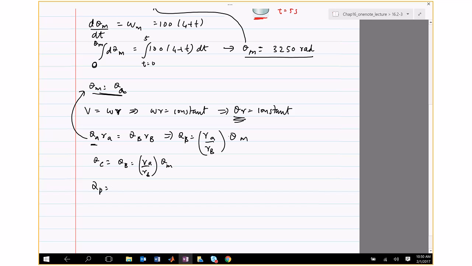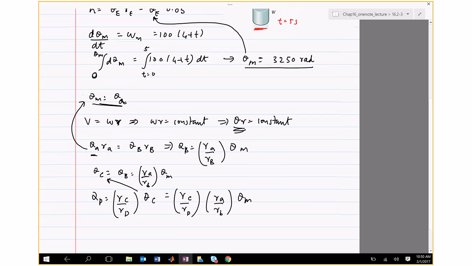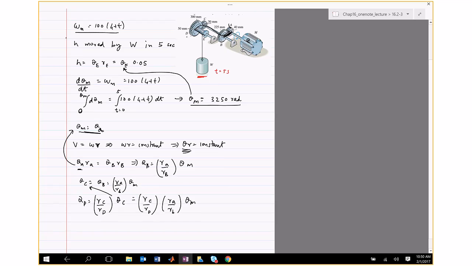Theta D is going to be RC divided by RD times theta C, which is RC divided by RD times RA divided by RB times theta M. Theta D and theta E are on the same shaft, so they have the same angular motion.